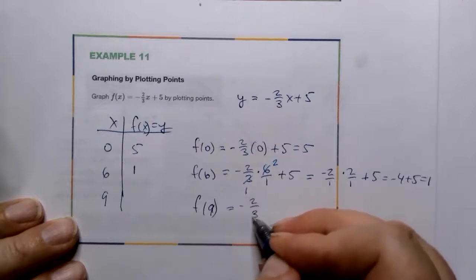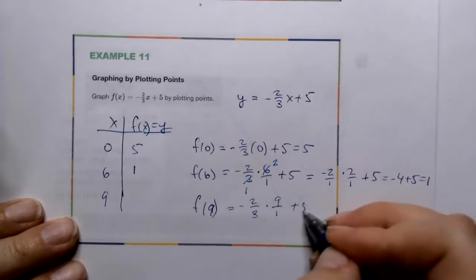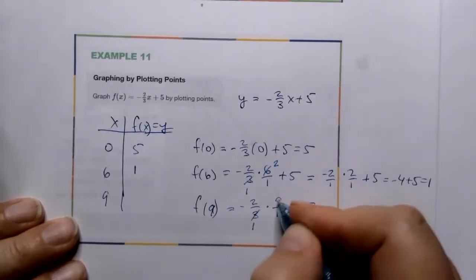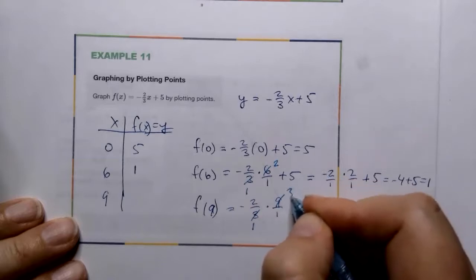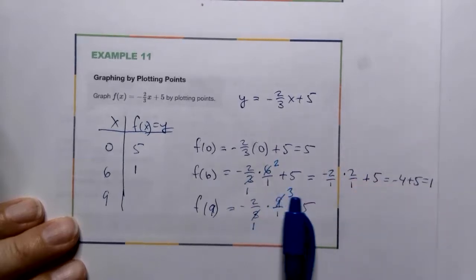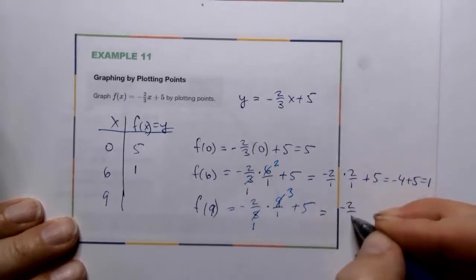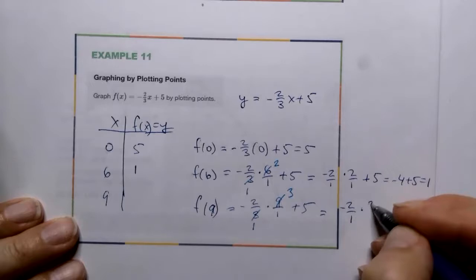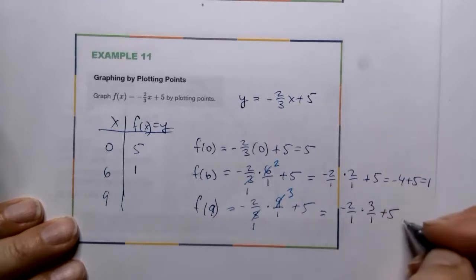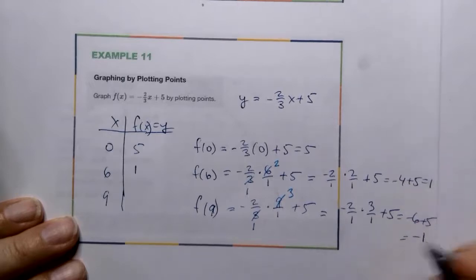Negative 2/3 times 9 plus 5. So 3 goes into 3 once, and 3 goes into 9 3 times. So I have a factor of 1 left behind and a factor of 3 left behind. That gives me negative 2/1 times 3/1 plus 5. So this is negative 6. Negative 6 plus 5 gives me negative 1.